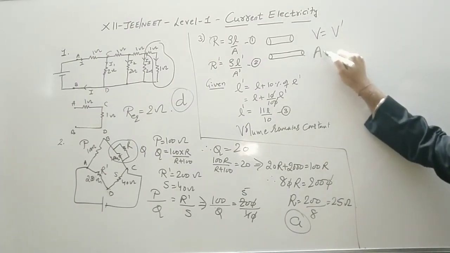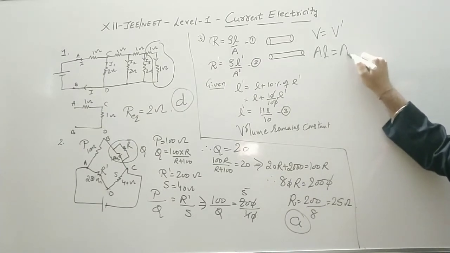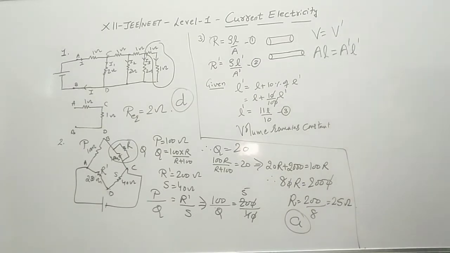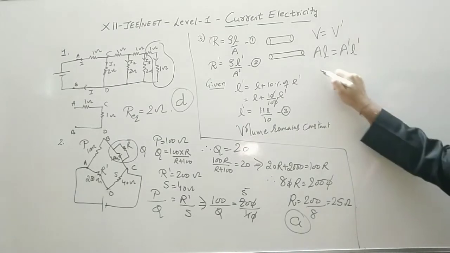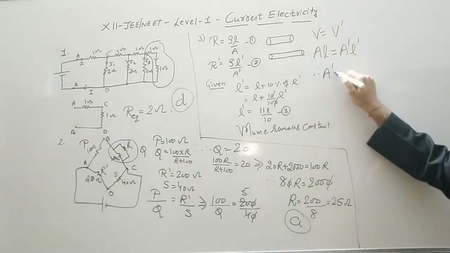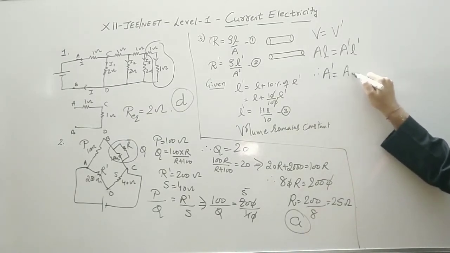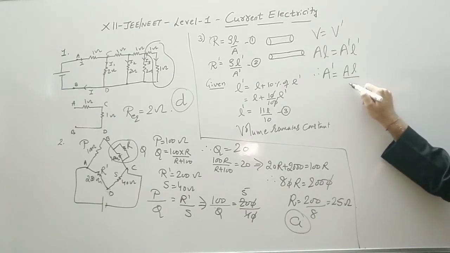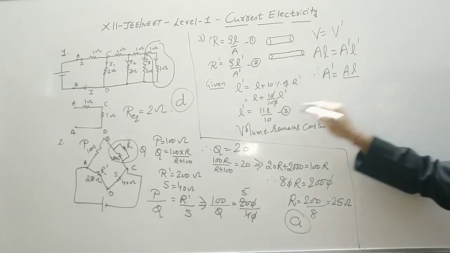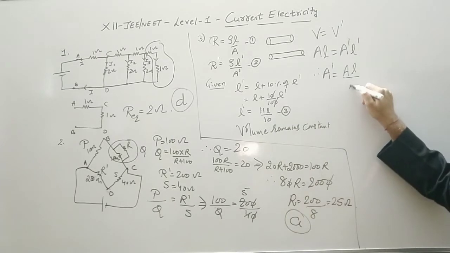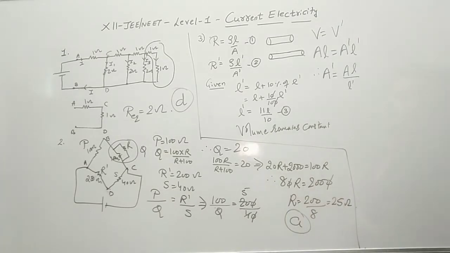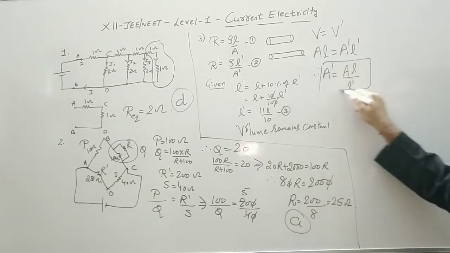So initial volume is AL, final volume is A dash L dash. Therefore final area is equal to AL upon L dash. Let me write this first, this is the formula for A dash.